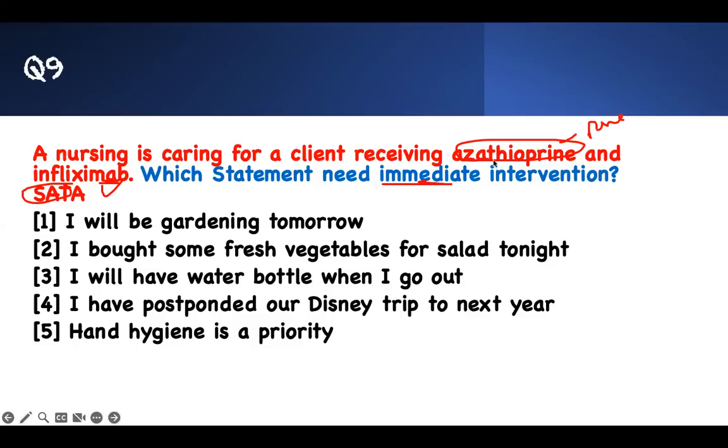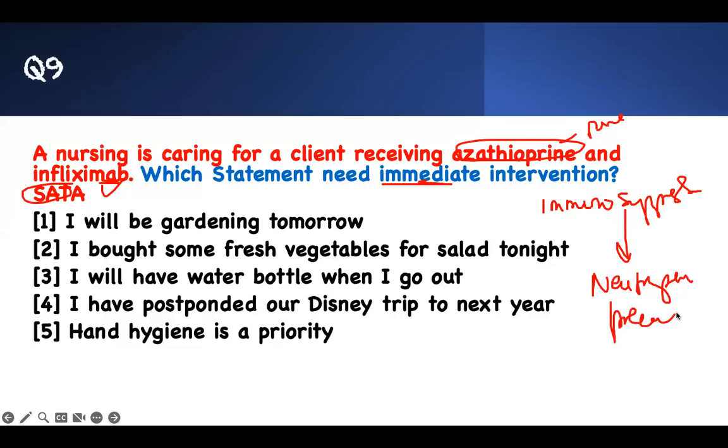So these two medications are immunosuppressants. They suppress your immune system, and they use them for ulcerative colitis or other autoimmune diseases. All this is saying is you're taking some autoimmune medication, so the patient is immunocompromised. Which one needs immediate intervention? Then you teach them neutropenic precaution.